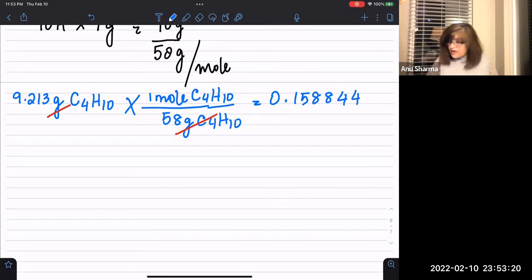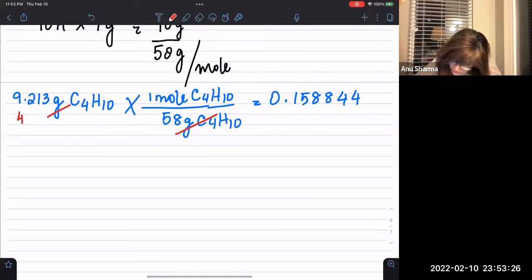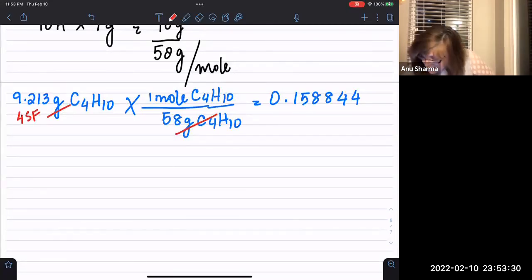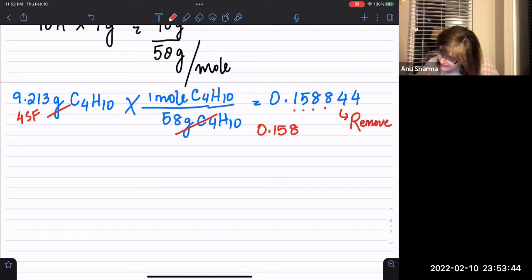We see here that there are four significant figures, so we keep 0.1588.